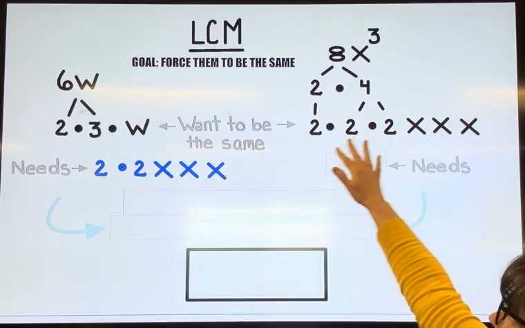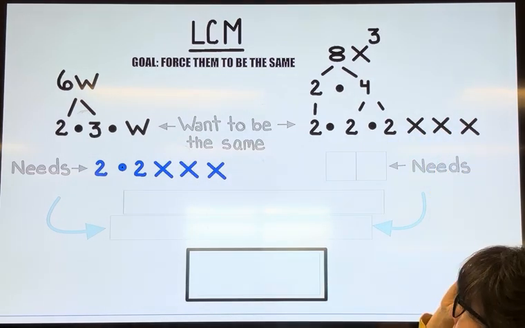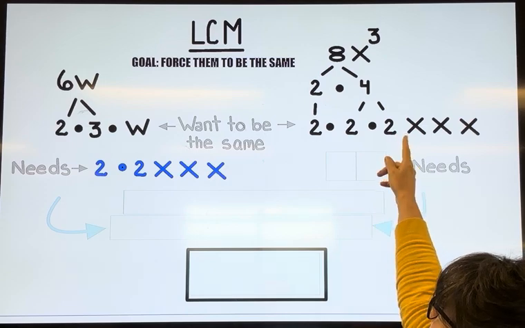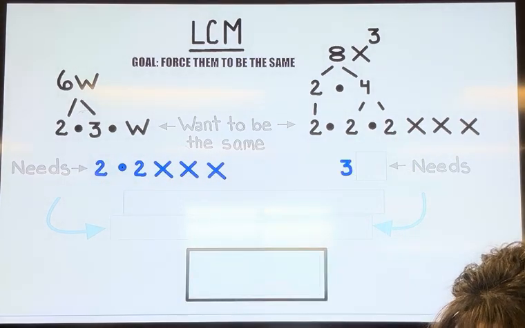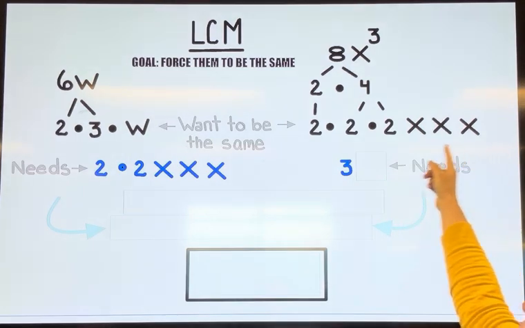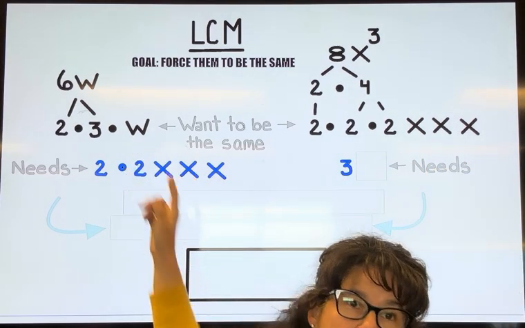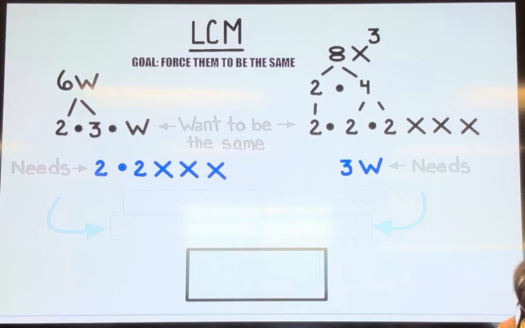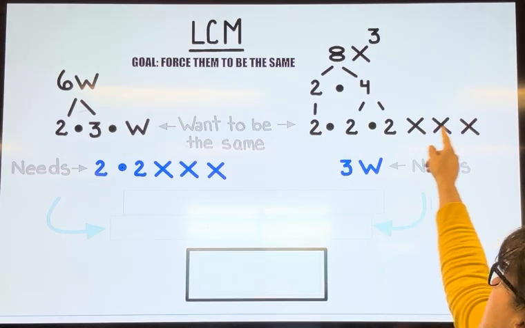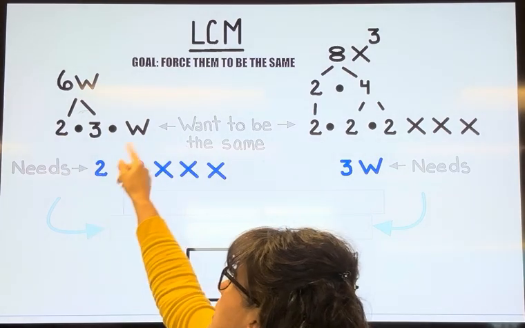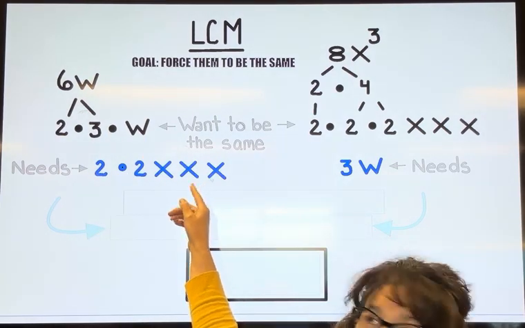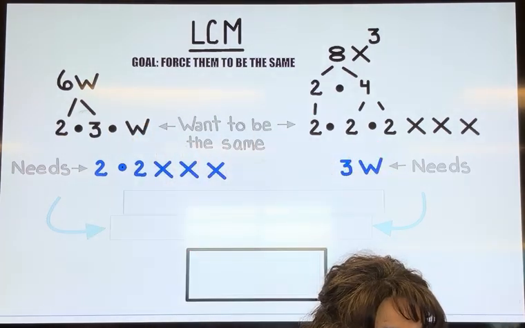What does this one need? Well, it has more than enough 2's, but see how it doesn't have a 3? So it needs a 3. And this one does not have a w, so it needs a w. So if I put this together with this, or I put this together with this, then these guys would be the same.